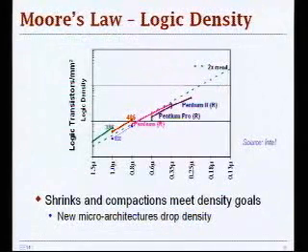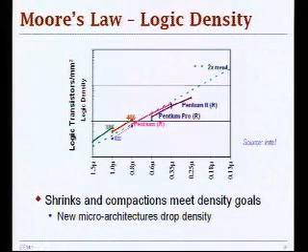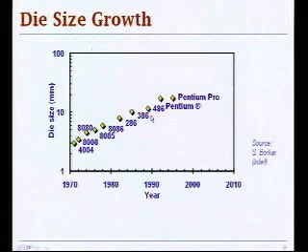Point number two, to sustain Moore's law, we had to increase logic density also on the same 2x trend. Normally, lead microprocessor designs would be ported over to 2 consecutive technology generations, and those designs are called shrinks and compactions. They also meet density goals, and new microarchitectures introduced drop density with respect to the previous generation.